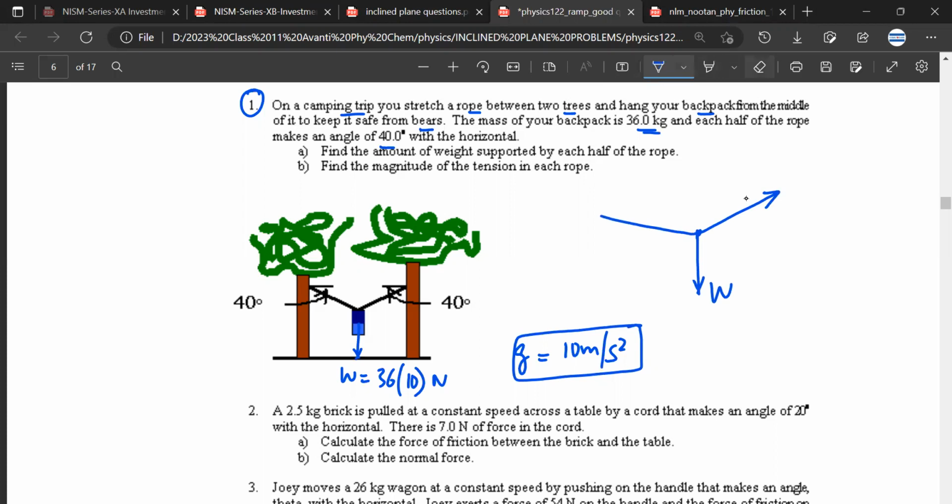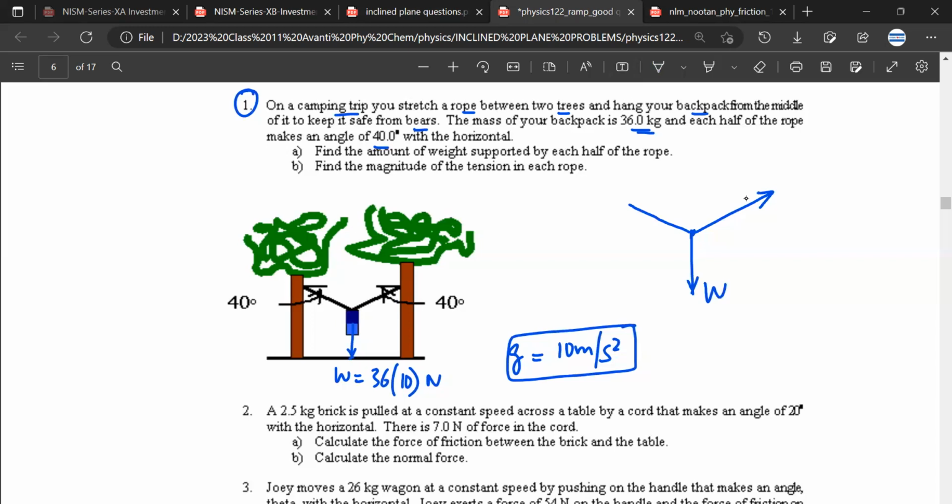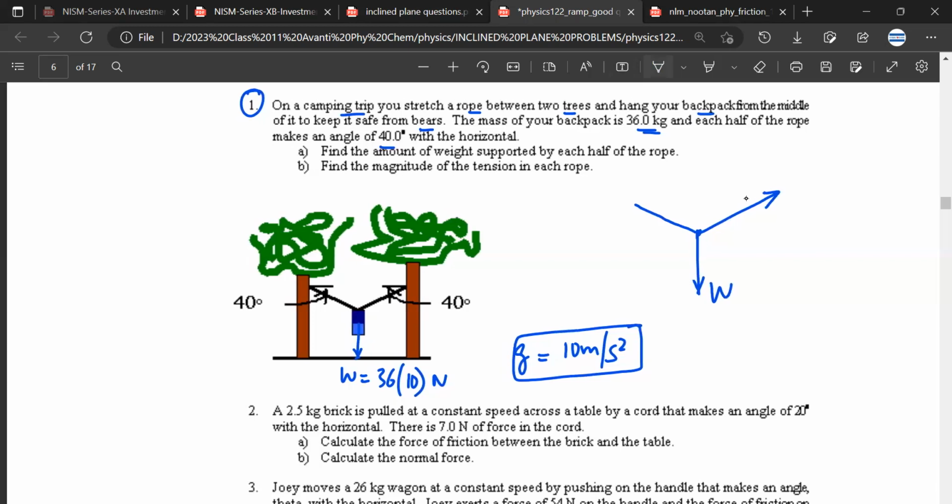Two halves imply that the length of the rope on each side is the same. So basically what you have done is, this point is the middle of the rope. And then what is happening is that this angle and this angle are 40 degrees.